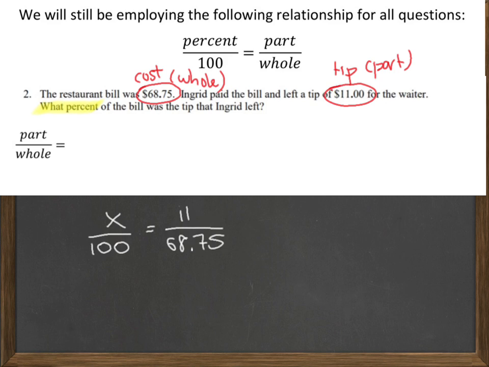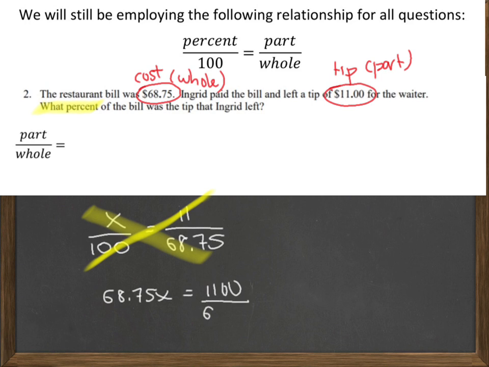Okay, so now we can, again, cross multiply and solve. So we have 68.75x is equal to 1100. Then we're going to divide both sides by 68.75. And when we do that, we get 16.